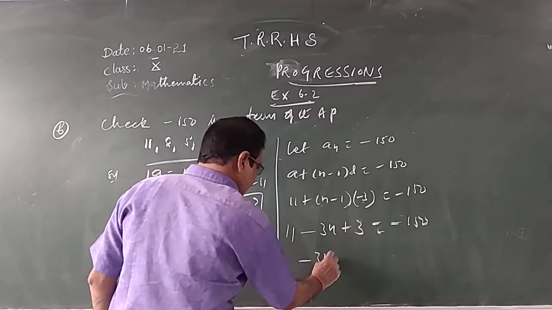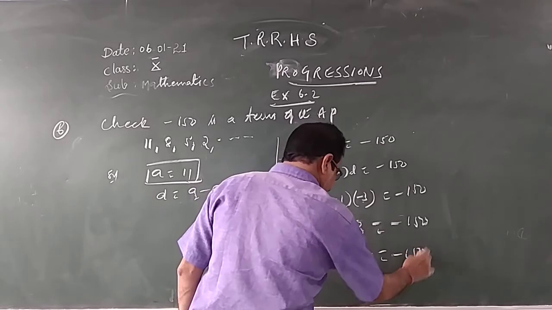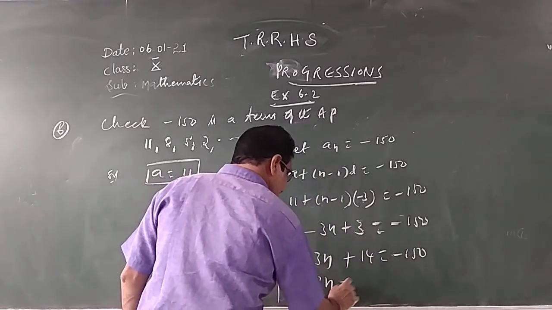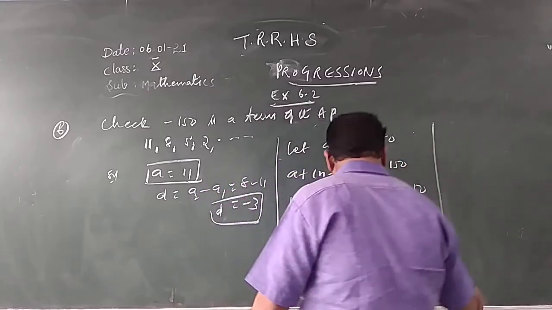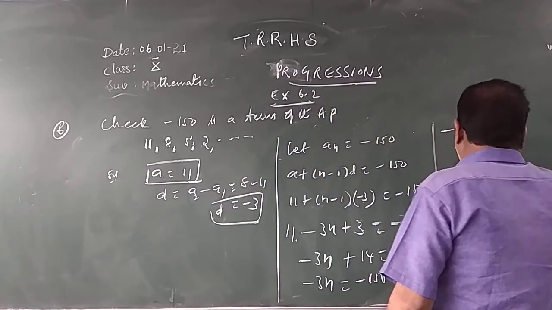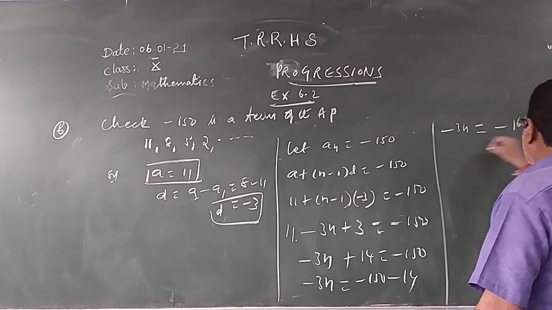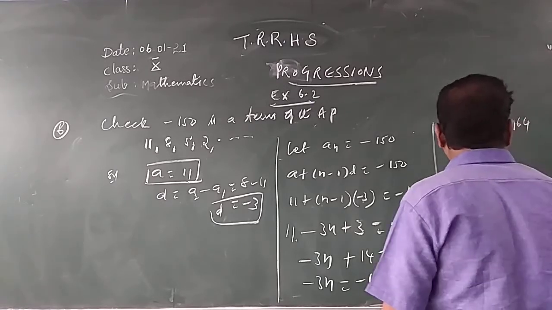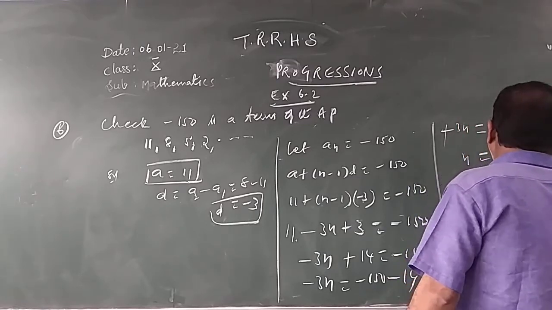So minus 3n, 11 plus 3, 14 is equal to minus 150. Minus 3n is equal to minus 150 minus 14, that is minus 164. Minus cancels. So n is equal to 164 by 3.